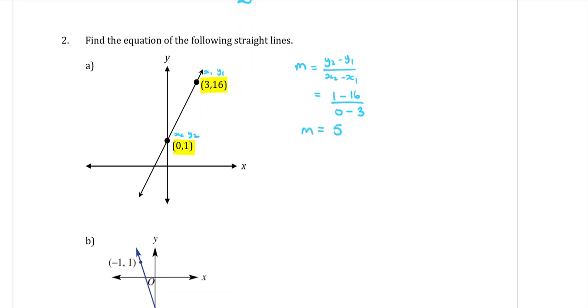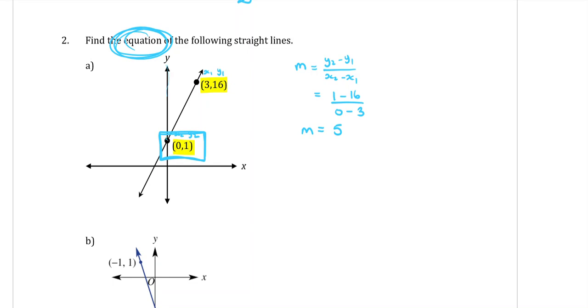I'm asked to find the equation here, so there are 2 possible ways to find the equation from here. If you are lucky enough that one of the points you've been given is the y-intercept, so this point that I'm putting the box around, this is the y-intercept because it is on the y-axis.